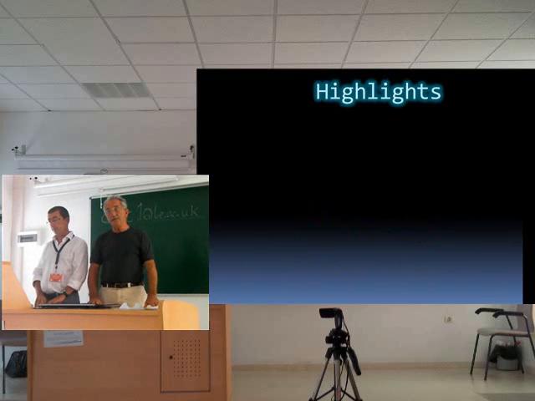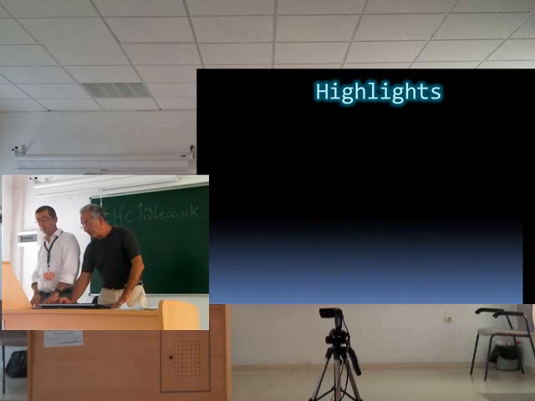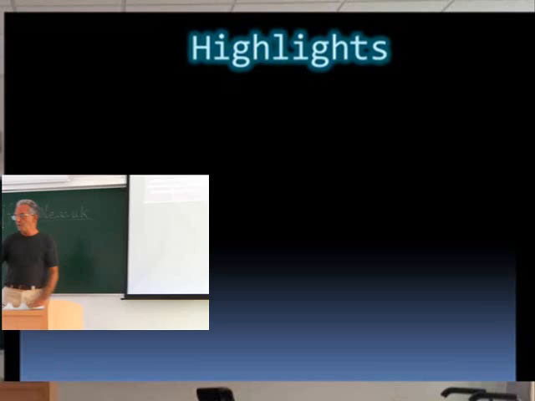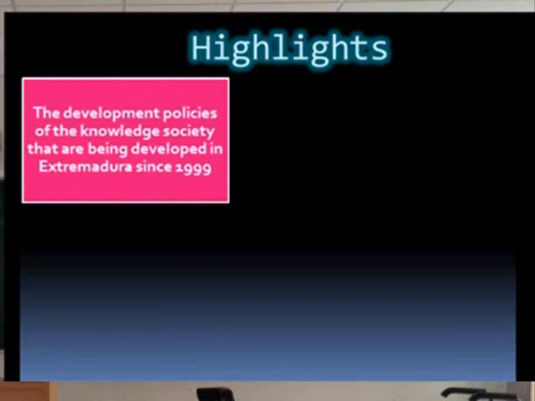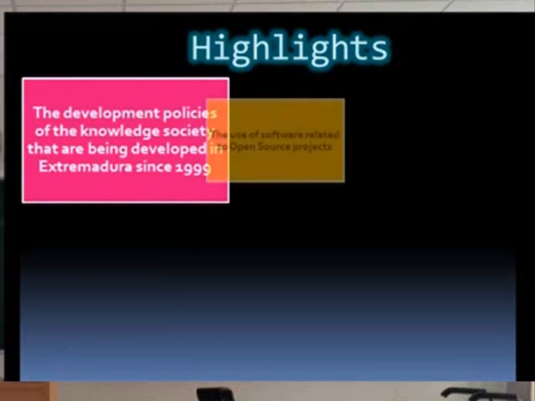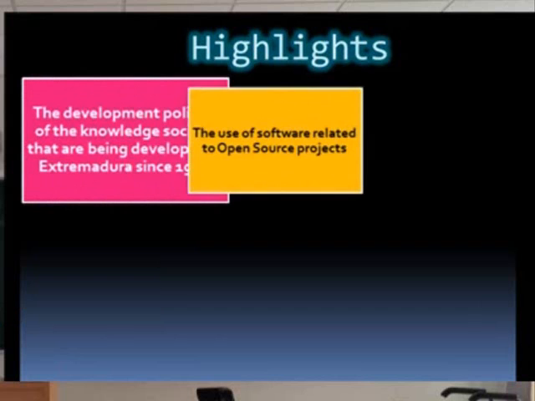Highlights of this project are: the first one is to develop policies of knowledge society that are being developed in Extremadura University since 1999. The second is the use of software related to open source projects.